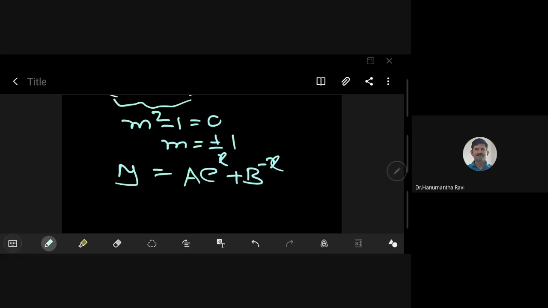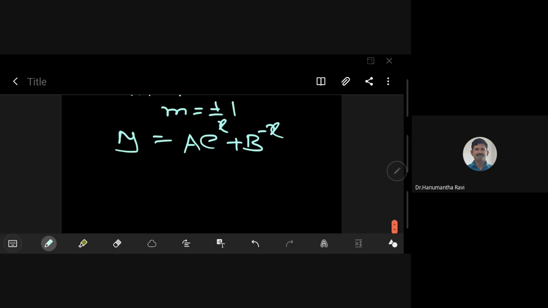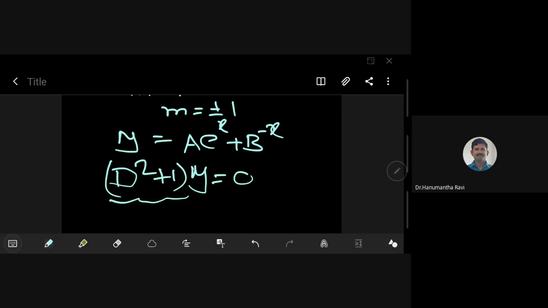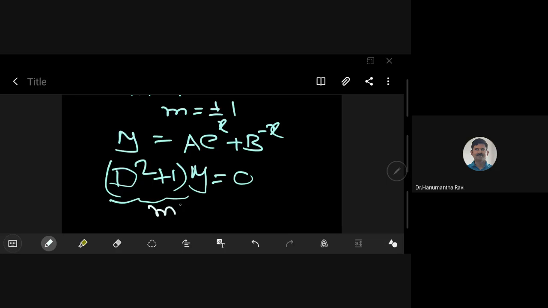On the other hand, if our equation is D square plus 1 acting on y is 0, then the auxiliary equation is m square plus 1 is equal to 0.